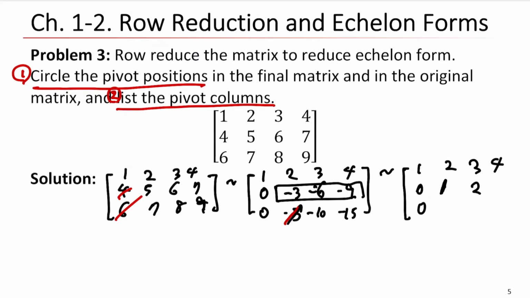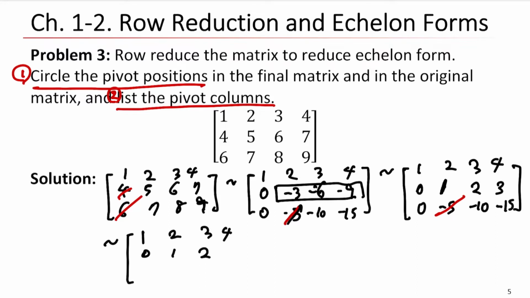Then let's remove this term. It will be something like 1, 2, 3, 4; 1, 0, 2, 3; 2, 2, 1, 0; 0, 0, 0.